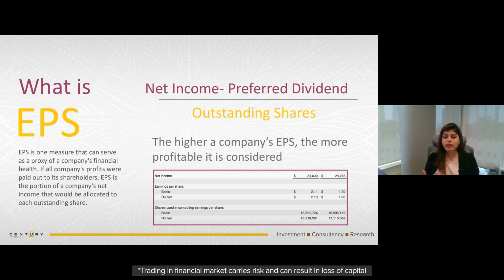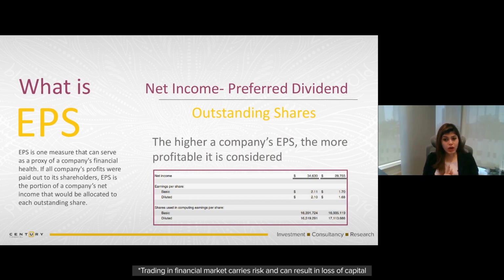So if you're holding, say, 1,000 shares of Apple stock, you will like to see how much the company has made per share that you're holding. So it's basically, for every $1 that you invested in the company, how effectively the company has utilized your funds.